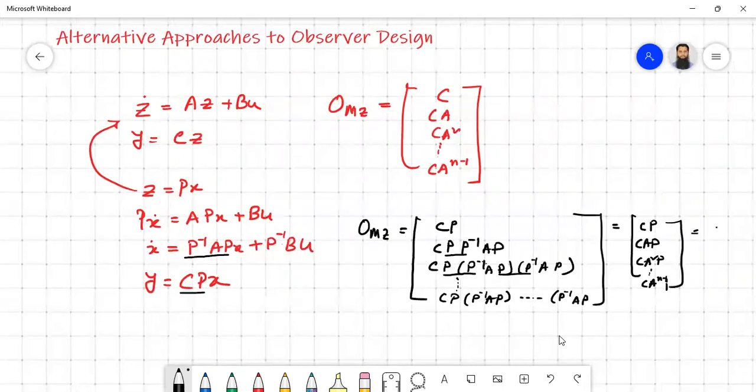Eventually it becomes C, CA, CA squared, up to CA to the power n minus 1, with P.